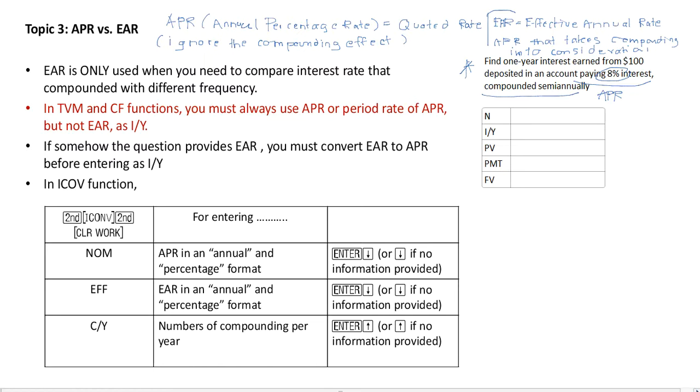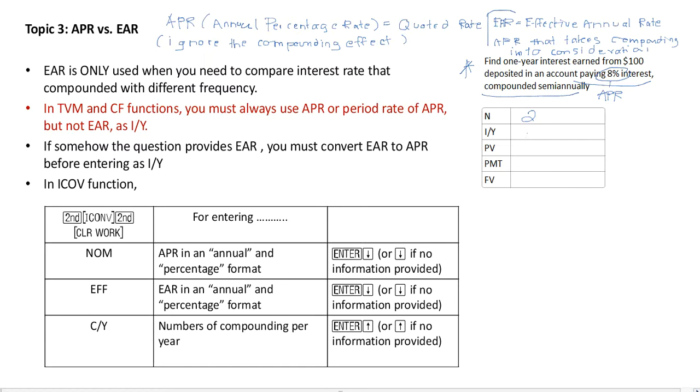It's called EAR. So let's find that from this APR: what we really get from an 8% interest rate compounded semi-annually, and what the EAR will be once we convert it. For N, because this is semi-annual and it's only 1 year, it will be 2.